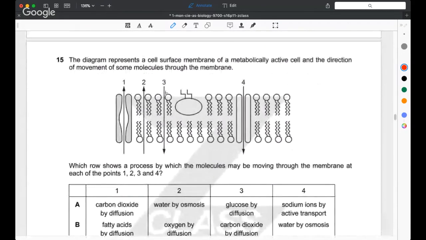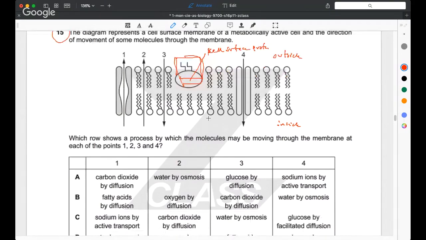Okay, the clue to number 15, I think, was this here that tells you that is a cell surface protein. And because you've got a cell surface protein there, then that is the outside of the cell, that is the inside of the cell. That's the kind of way that you get into this question, I think.